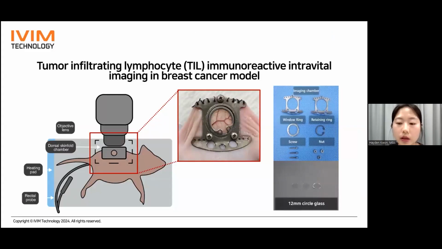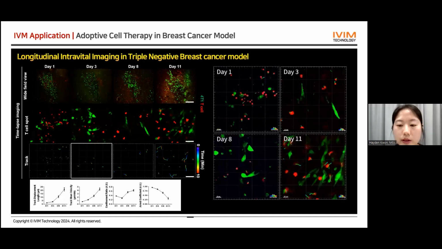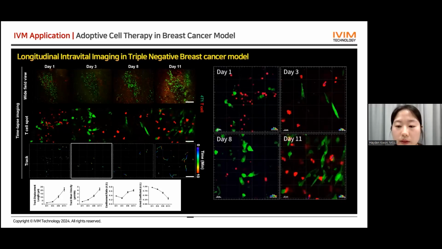Okay. I will present the results of imaging the process of immune cell infiltration in a breast cancer animal model using the dorsal skin fold chamber. To assess the infiltration of T cells into tumors within the breast cancer animal model, we conducted adaptive cell therapy by injecting fluorescent T cells.